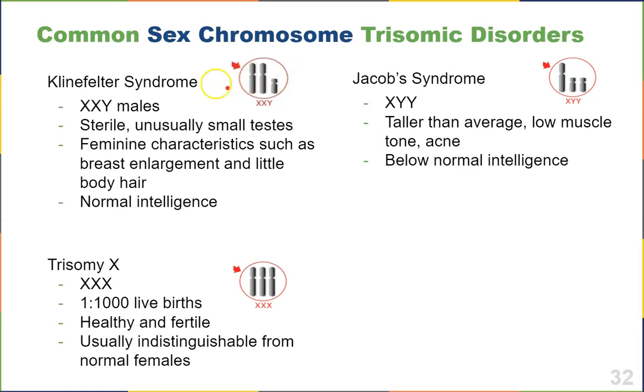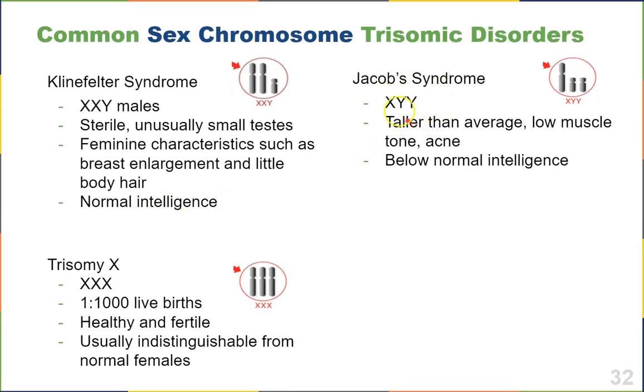In Klinefelter syndrome, that's an XXY, we're going to have X inactivation, but we're going to have a sterile individual, usually with small testes and feminine characteristics, but still normal intelligence. So even though the individual is sterile, they can still live a normal life, and they're going to have normal intelligence and not really a large disorder.